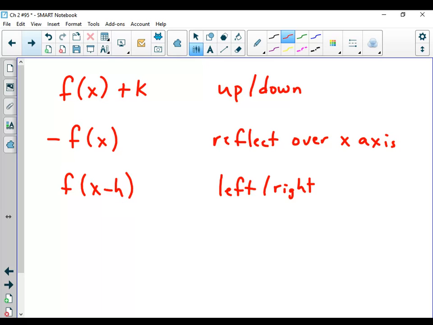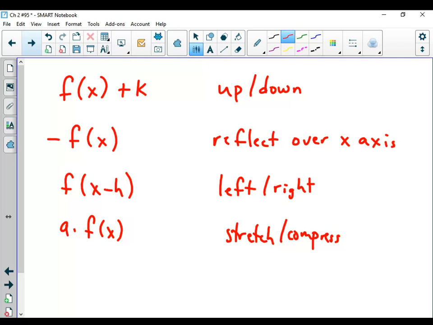And then lastly, we had the situation where we had a times our function. And what did that a value do out in front? Compressed or stretched it. Good, compressed or stretched it. And so we did all those different things with a number of different functions.